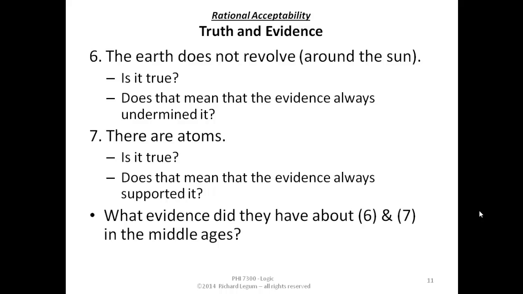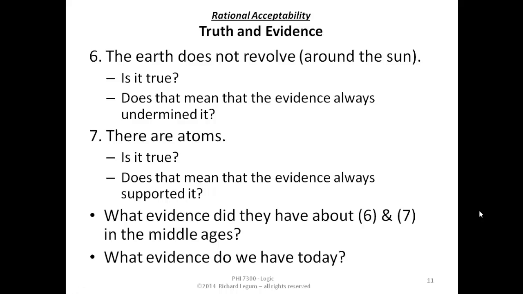It's a solid thing. There aren't these little particles that make up a desk. There aren't these little particles that make up a tree. So all the evidence that they had in the Middle Ages did not support the true proposition that there are atoms.